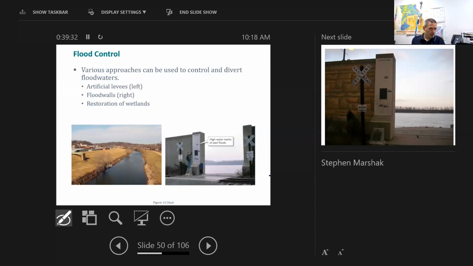If you're on a river, there are a couple of different things that we can do. One of the things that we can do to have hard structured flood control is to put up an artificial levee. An artificial levee is going to increase the depth of the river. Remember, the calculation for discharge is depth times width times speed.